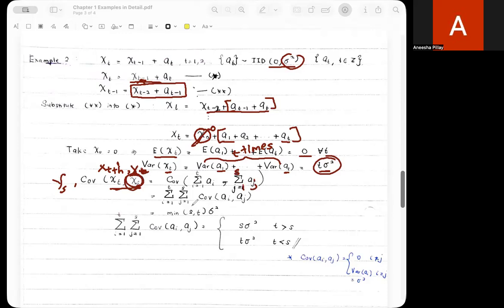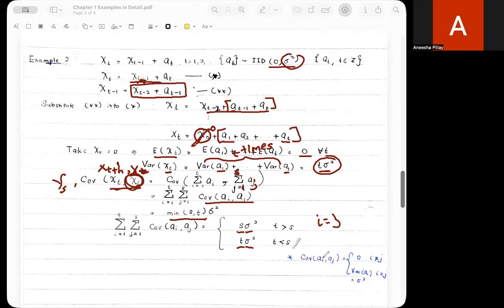So this is the summation of both of them, which would give you the value here, s t sigma square. So if your t here is greater than s, that means it would be s multiplied by variance square. If it's lesser than s, then it's t times variance square, right?